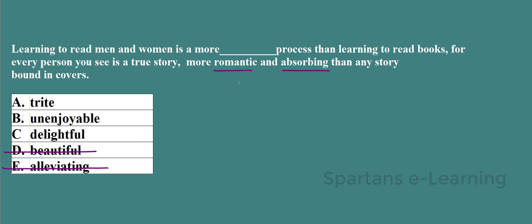We need something related to romantic and absorbing. Now unenjoyable is going in exactly the opposite direction, so you can take it off. Trite is again going in the exact opposite direction. Trite means boring, right? So it is the exact opposite. So we are only left with option C, that is delightful. That's it. So this is how you need to answer your question.